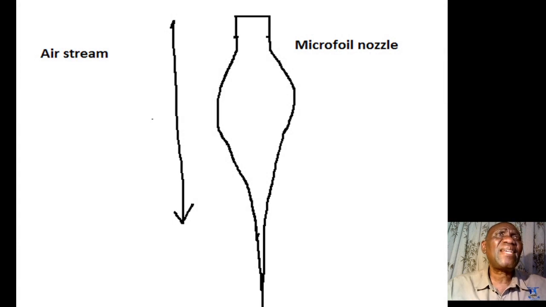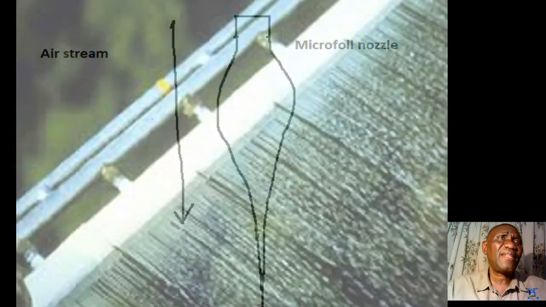So this is the microfoil nozzle. You have got an airstream there. At the tip, that's where you get your droplets being formed.